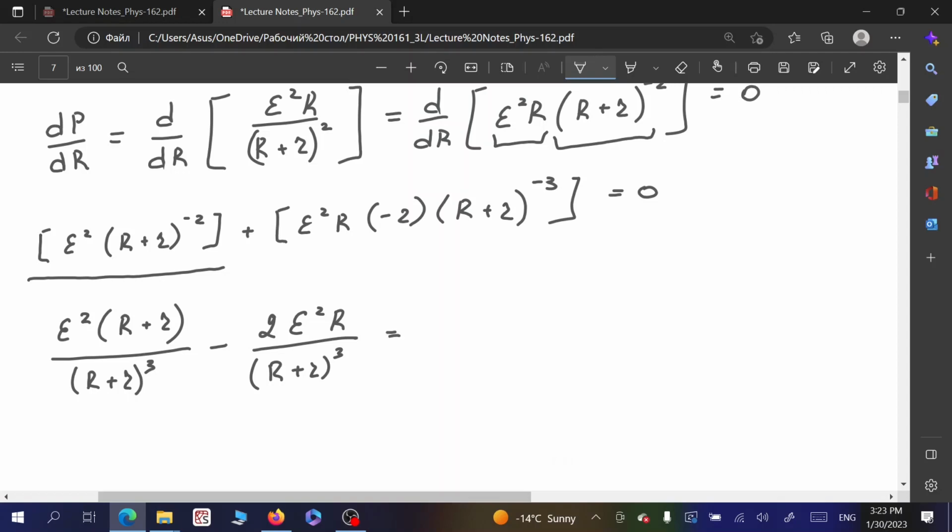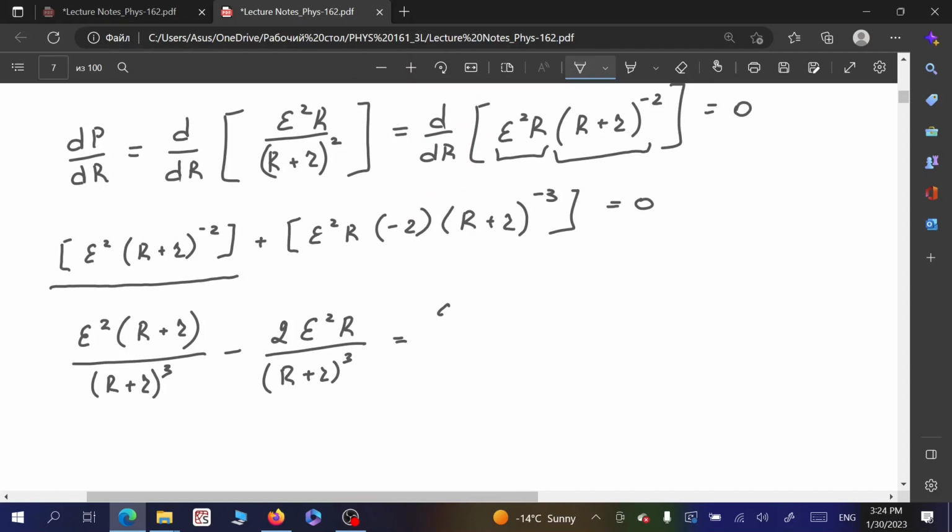We have the same denominators, so this will be equal to epsilon square times (R minus capital R) divided by (capital R plus R) in the third power.